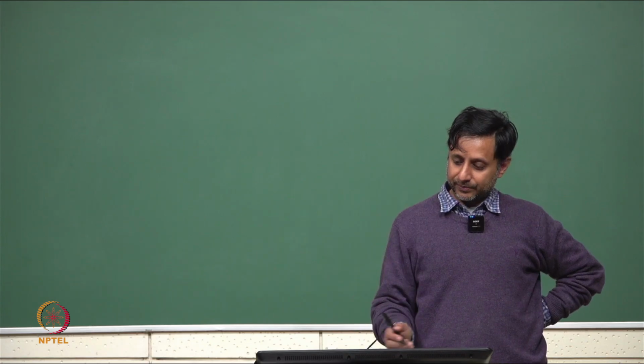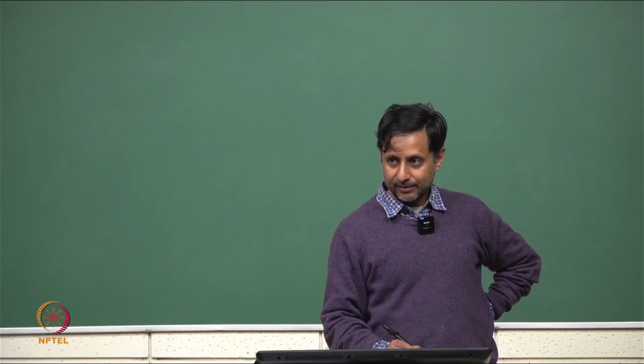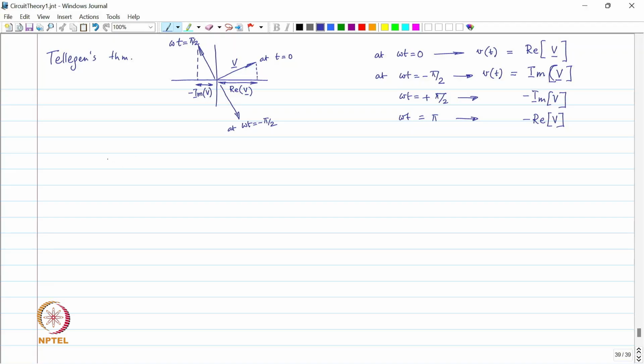So, what am I getting at? Suppose I have a complicated circuit and it has voltages V sub i, which are all phasors, and currents I sub i, which are all phasors.